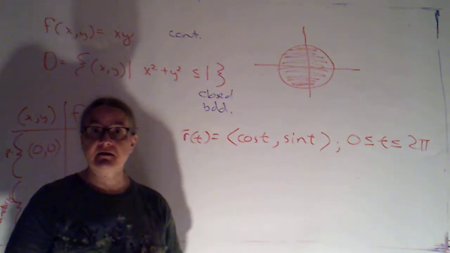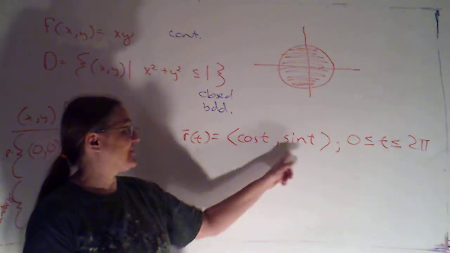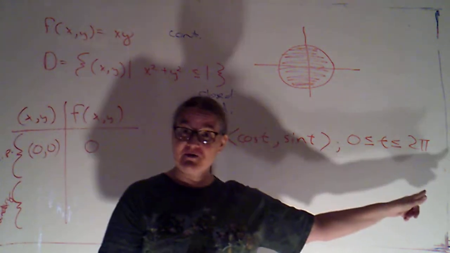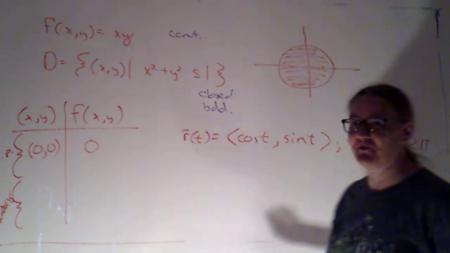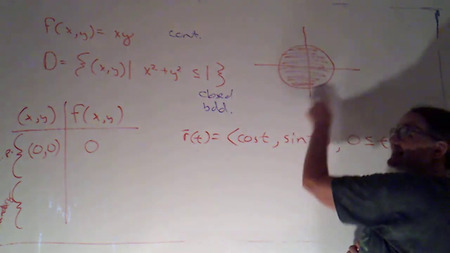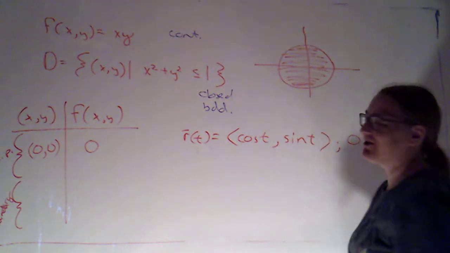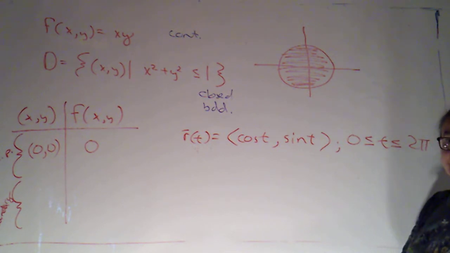The other reason is I only want to have finitely many critical points. These functions are periodic. If I don't restrict my domain, I can expect that I'm going to get infinitely many critical points that would be different values of t corresponding to the same location on the circle. So I really want to parameterize it so that I just get the circle once.